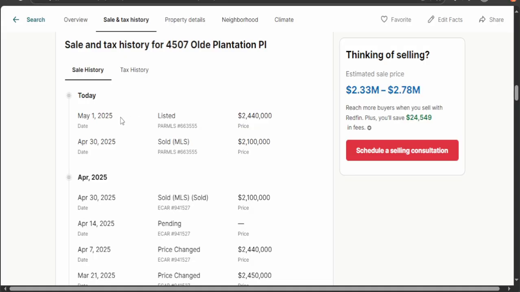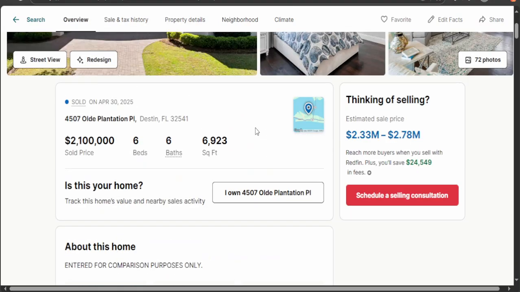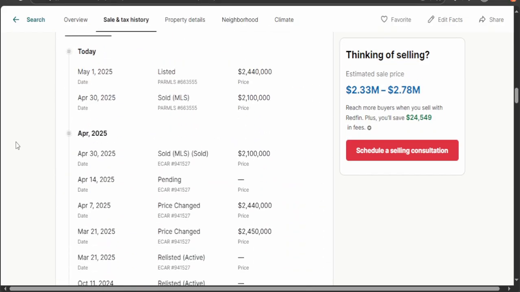Though it says it was listed, that's confusing. And then it says May 1st listed for 2.44. So I guess I don't know. That's funny. I don't know if there's a problem. I guess it just sold for 2.1 million.